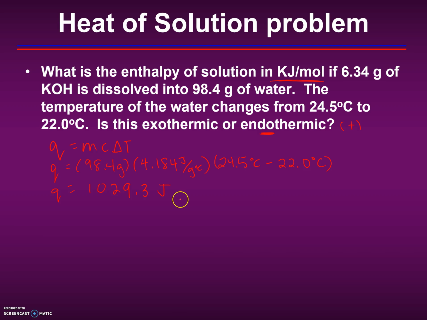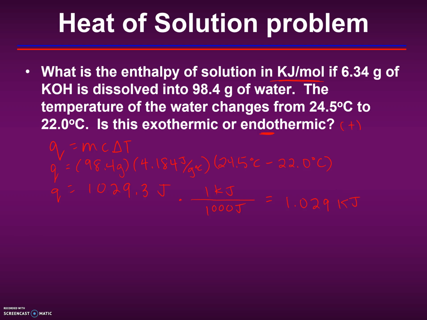To do that, I can add it right onto here. 1 kilojoule is equal to 1,000 joules. Divide it by 1,000, and I'm going to get 1.029 kilojoules. Still 4 significant figures.